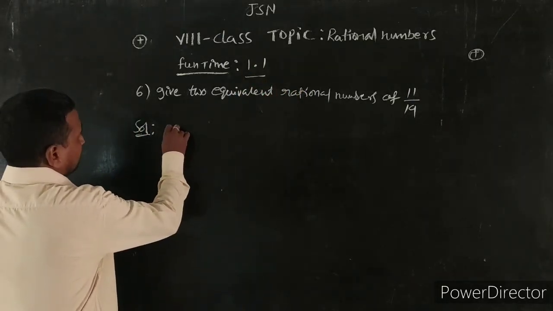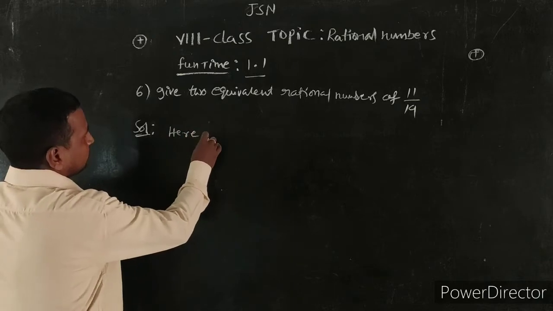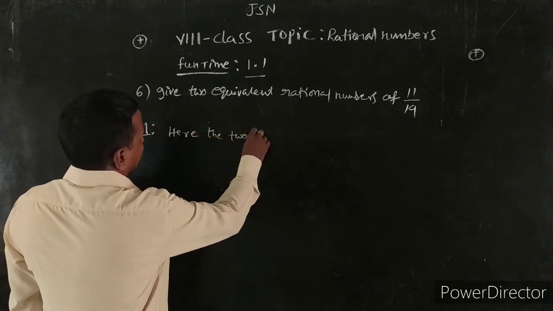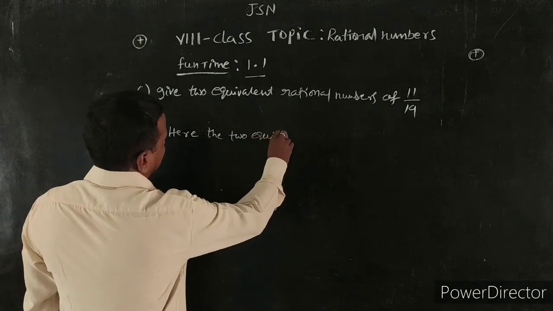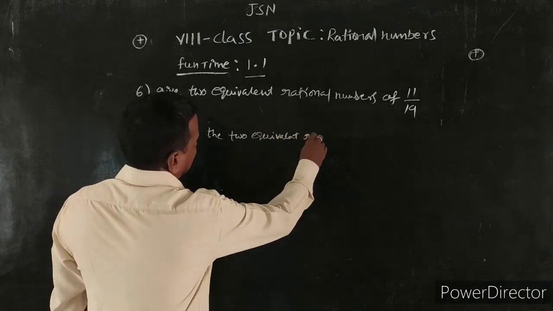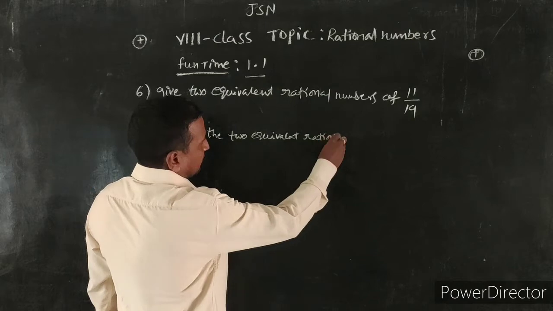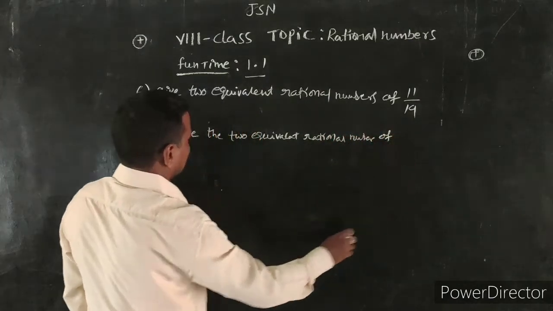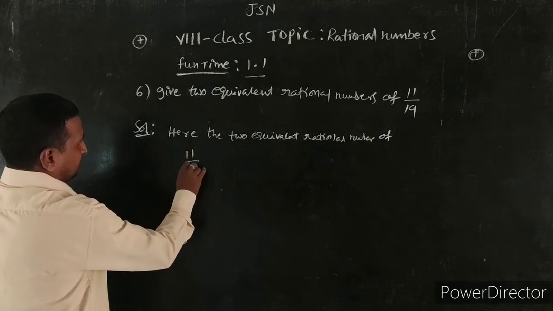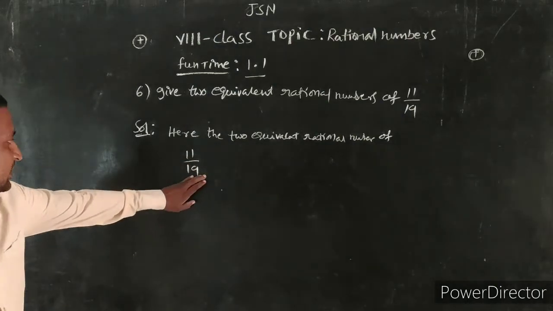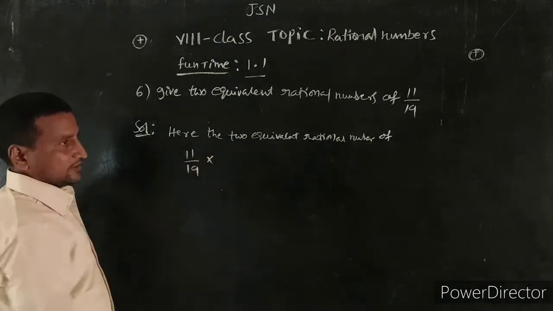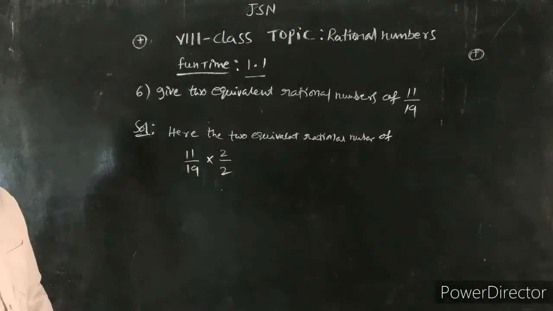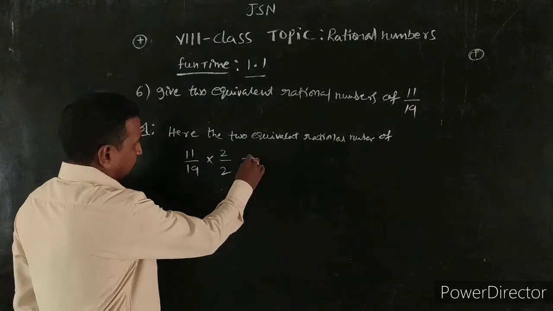So here the two equivalent rational numbers of 11 by 19 means multiply the numerator and denominator with the same number. Multiply the numerator and denominator by 2.